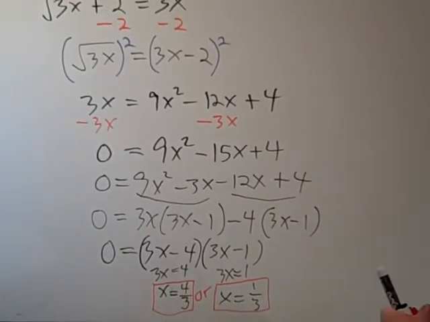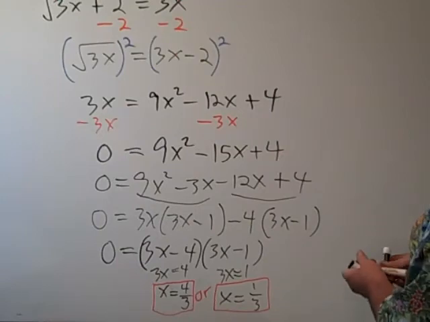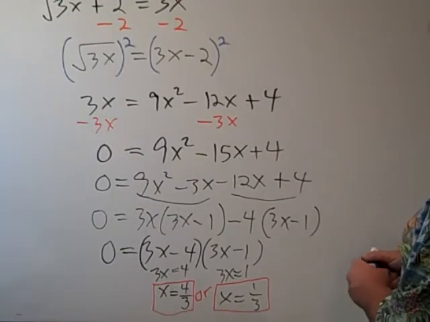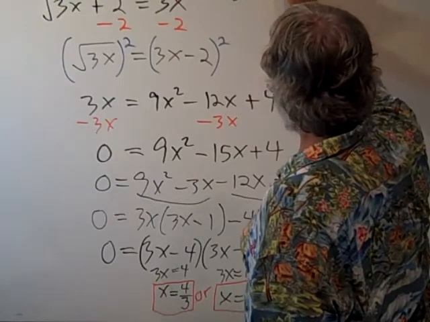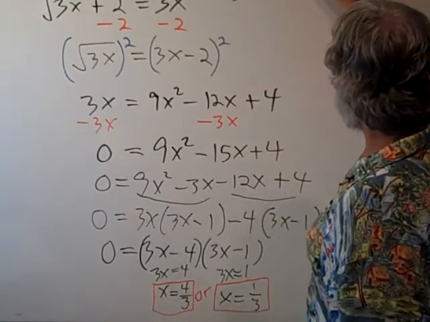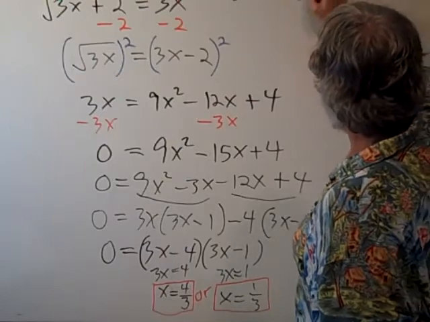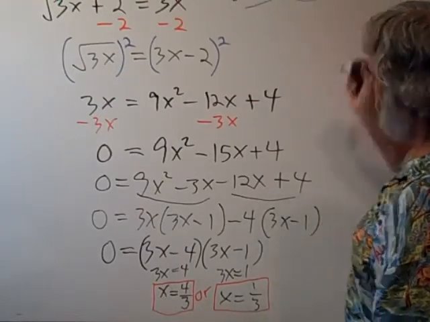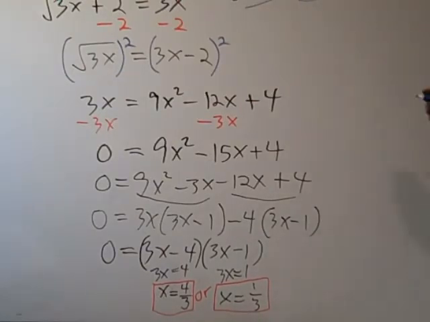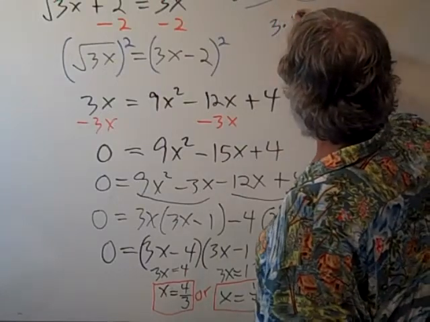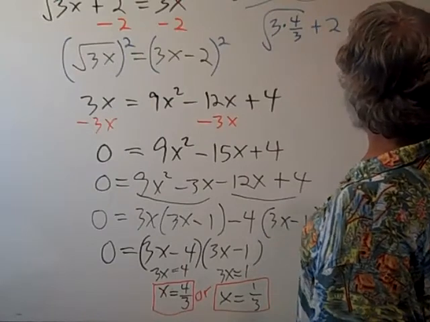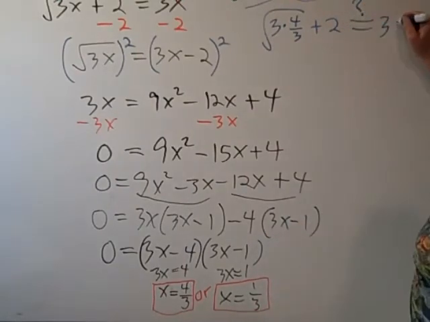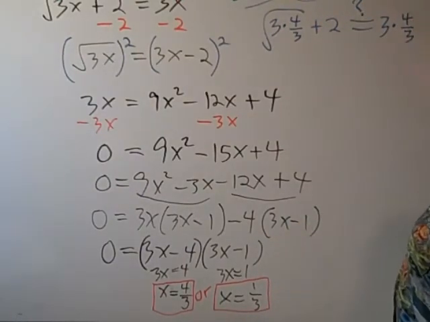However, we have to check both of them, to see if they do in fact work. So to begin with, we'll check x equals 4/3. Then the square root of 3 times 4/3 plus 2, we wonder, does that really equal 3 times 4/3?